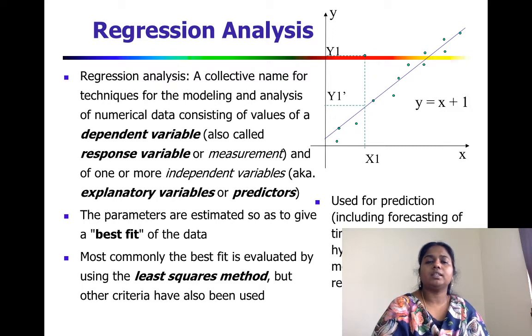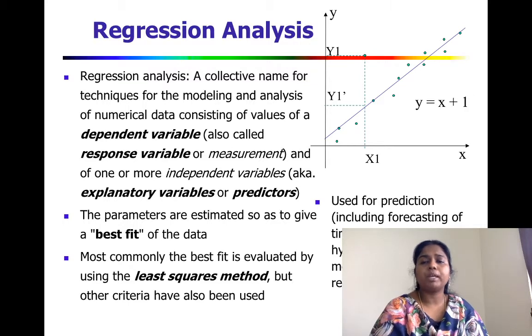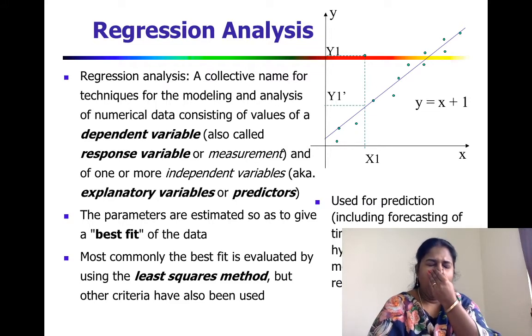The one that is independent is called the independent variable, and the other one which depends on the first variable is called the dependent variable. Now, the example which we can use here is age and salary.